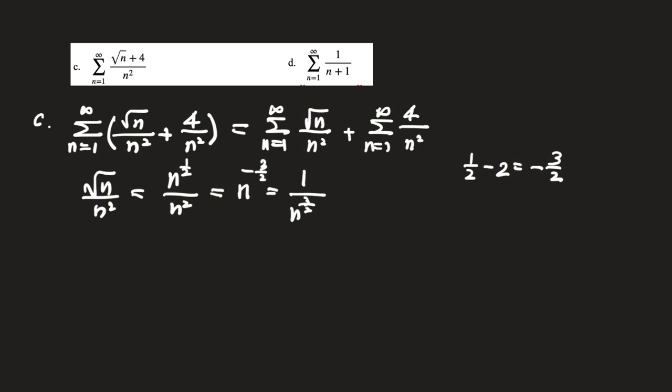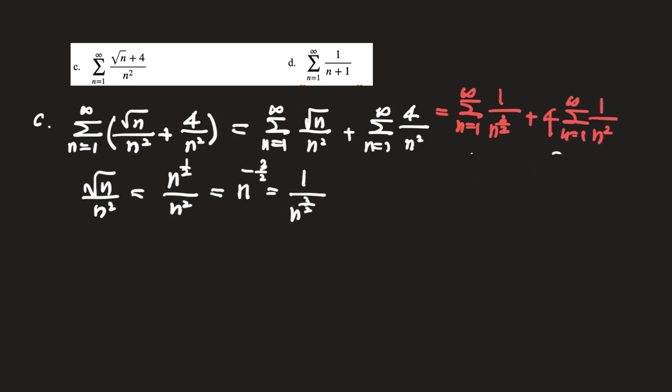So going back here, we have summation n equals 1 to infinity of 1 over n to the 3 over 2, plus 4 times summation n equals 1 to infinity of 1 over n squared. Now, for the first one, the p-value is 3 over 2.